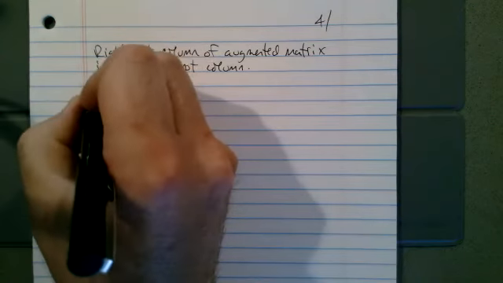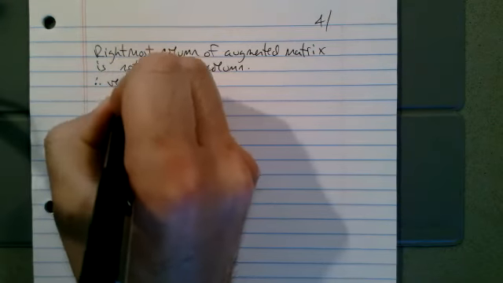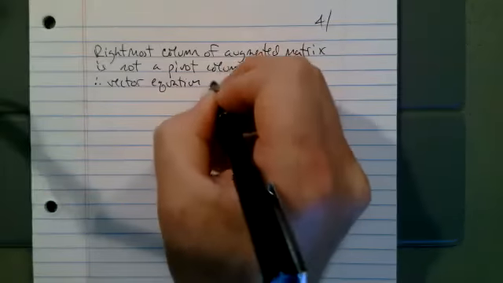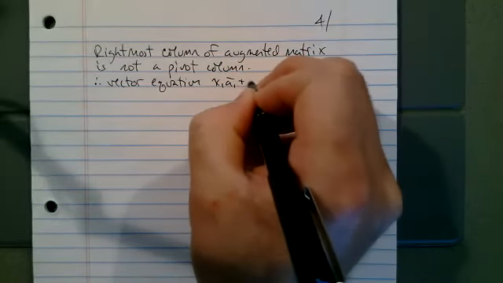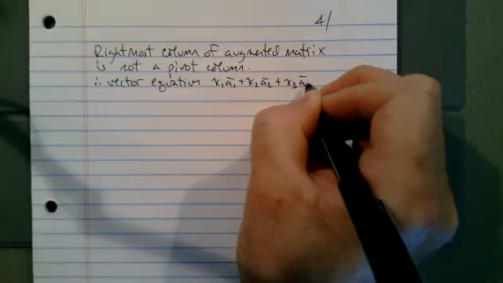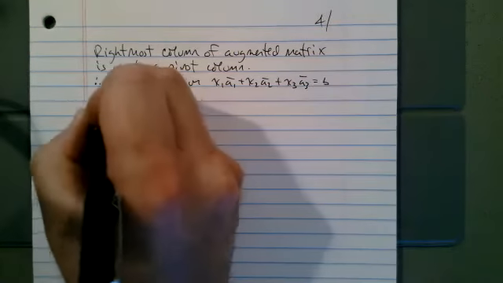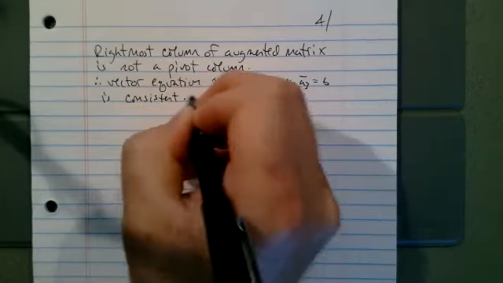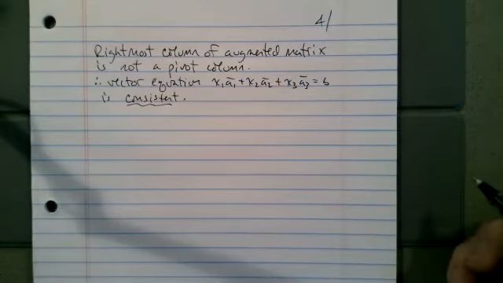Therefore, the vector equation x1a1 plus x2a2 plus x3a3 equals b is consistent. The vector equation is consistent.